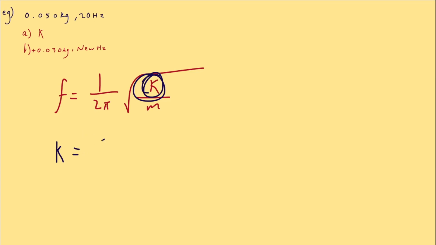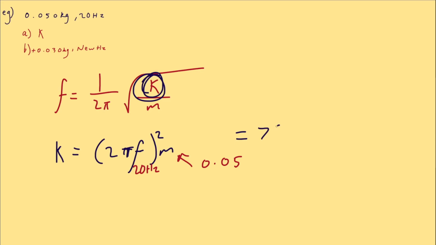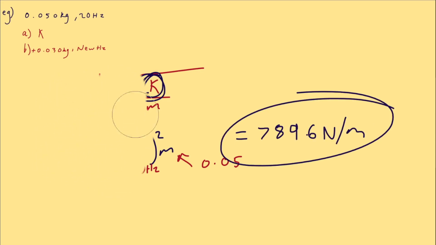It immensely lightens the load. Once you rearrange it, your equation looks like this. Solving for k. Plug in your values. The only thing we have to plug in, by the way, is the frequency, 20 hertz, and the mass, 0.05. The answer for the stiffness constant of your vibration motor is 789.6 newtons per meter.